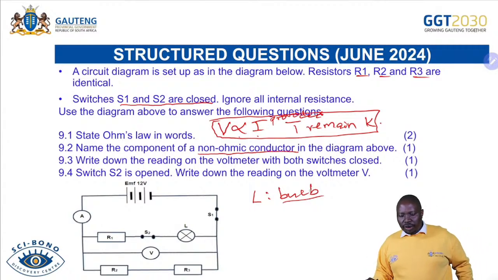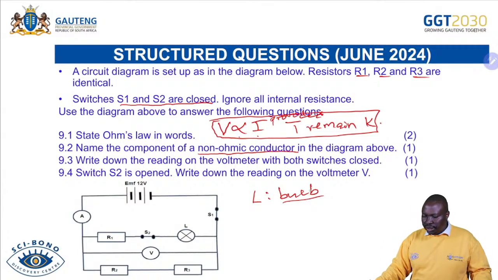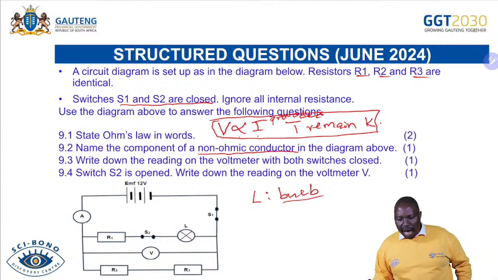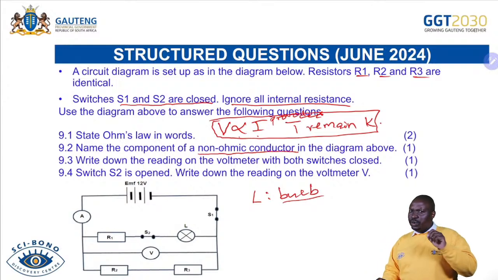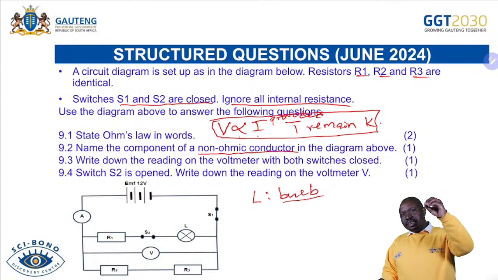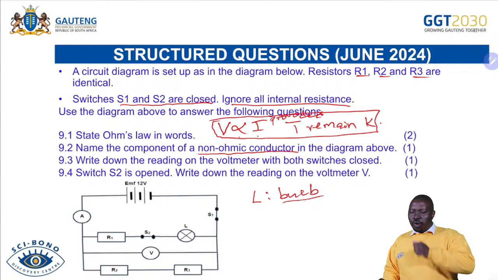Now write down the reading on the voltmeter V when both switches are closed. Remember, the statement said ignore all internal resistance. It's very important to always look at that statement to see whether we are ignoring internal resistance or taking it into consideration.